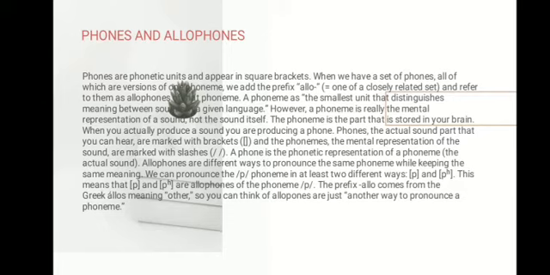A phoneme is the smallest unit that distinguishes meaning between sounds in a given language. Phones, the actual sound part that you can hear, are marked with brackets, and the phonemes, the mental representation of the sound, are marked with slashes.